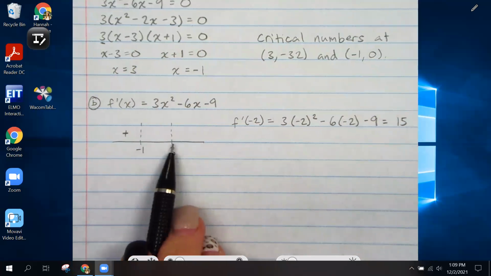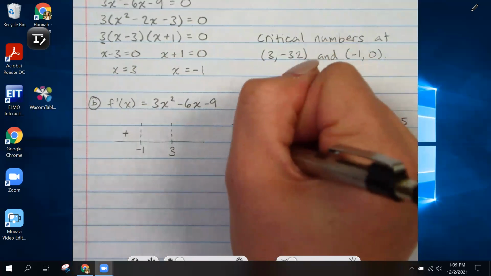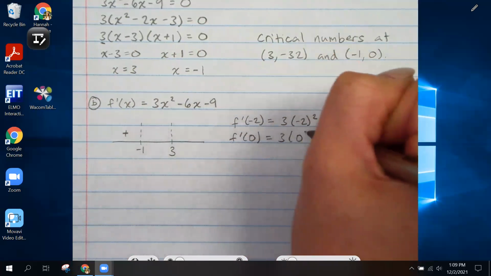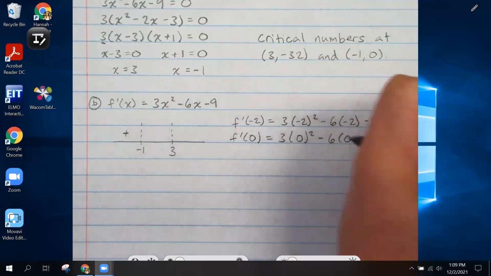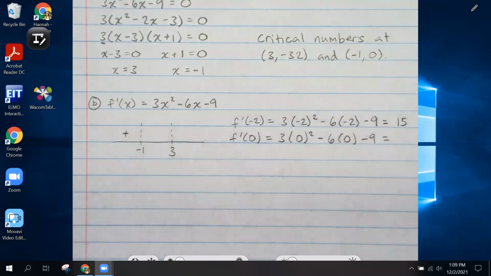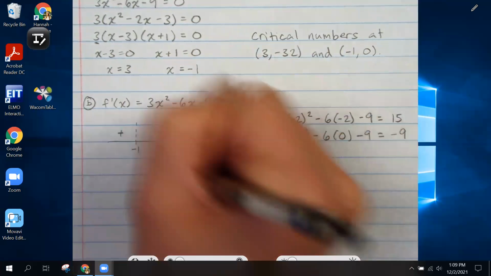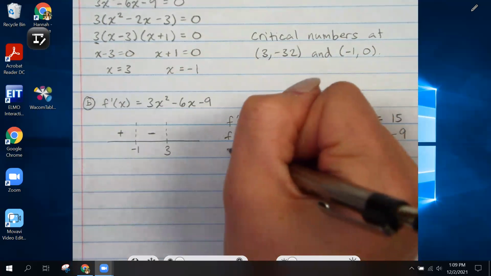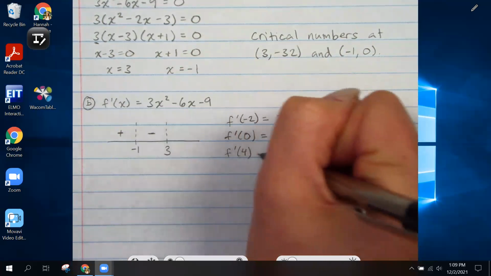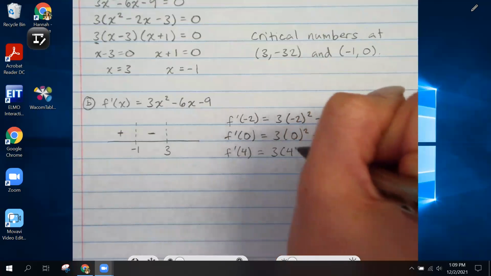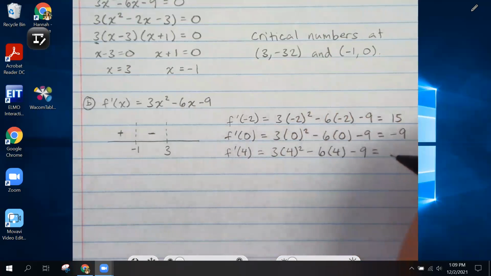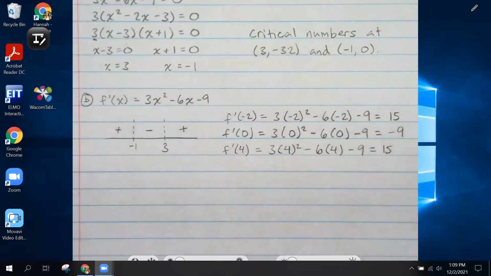A number in this interval would be 0. So f prime of 0 gets us negative 9. So we get negative values in this interval. And then last one, I'll try 4. We get positive 15 again. So we've got positive values here.